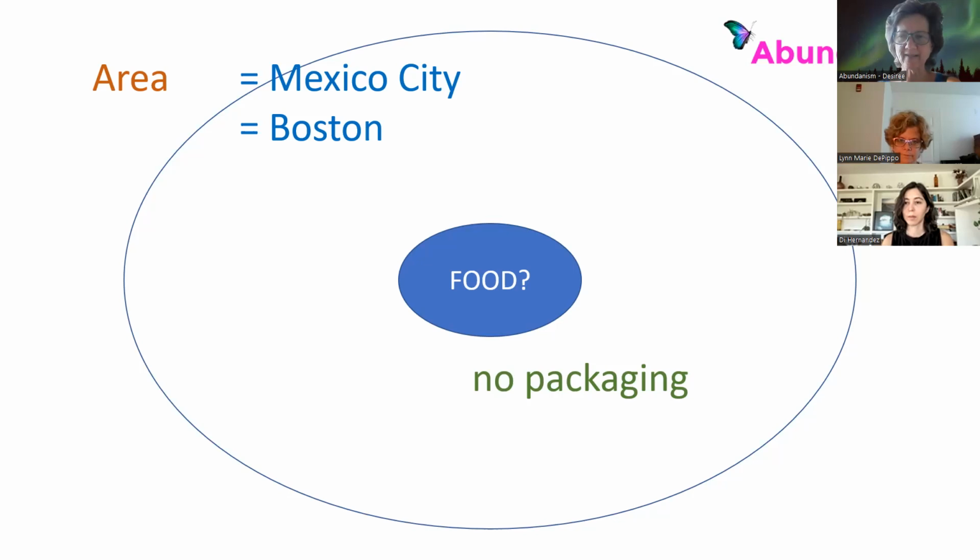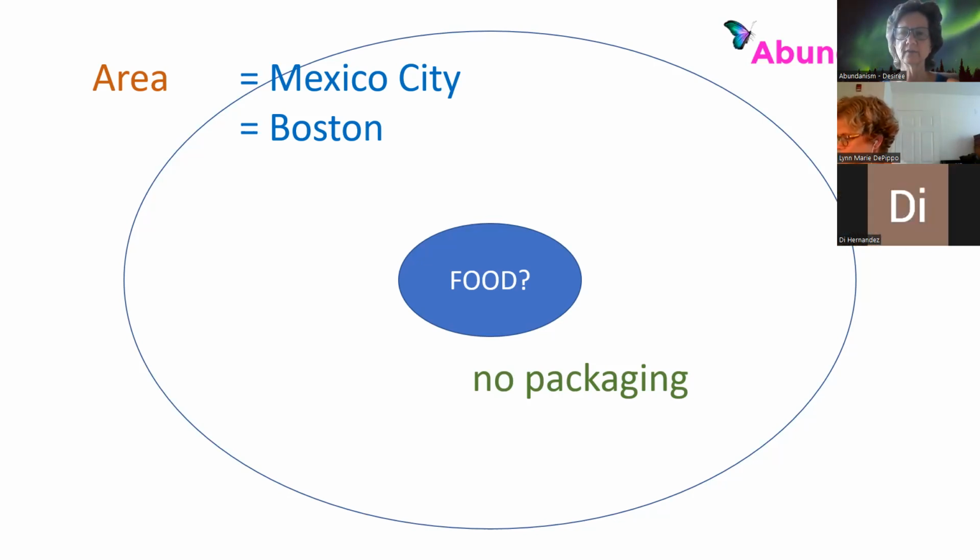So take a pen and pencil, or a piece of paper or wherever you draw on, and start making in your scope. We always look at what do we have available, and then we look at how can you make a system with food and no packaging.